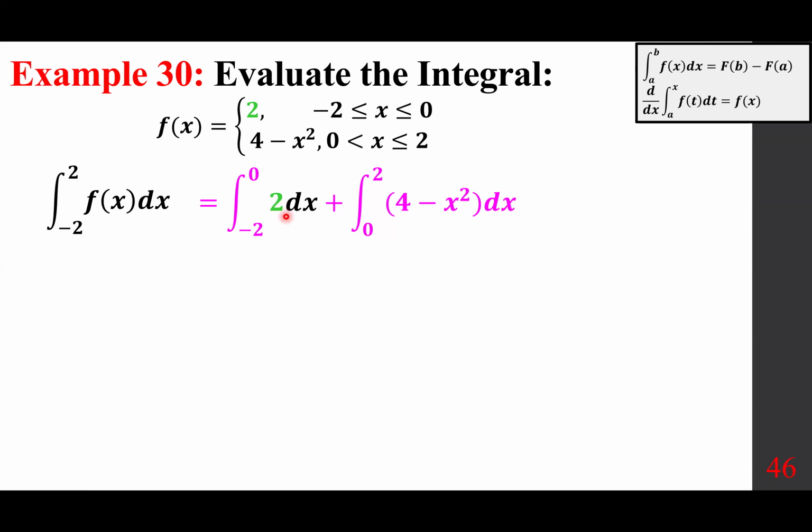This one, 2x from -2 to 0, and this one, 4x minus 1/3 x cubed from 0 to 2.